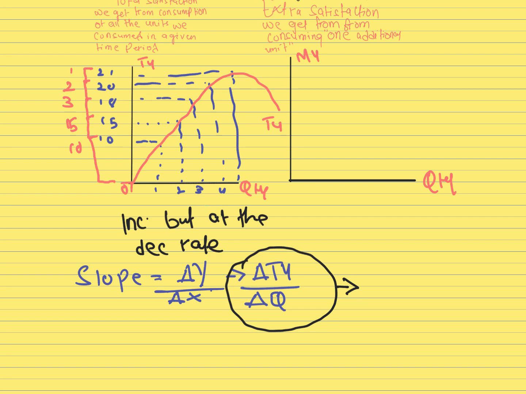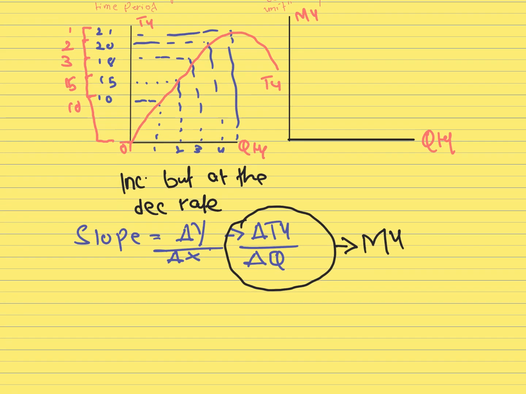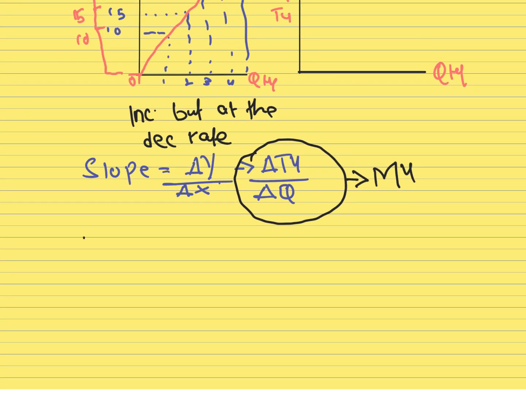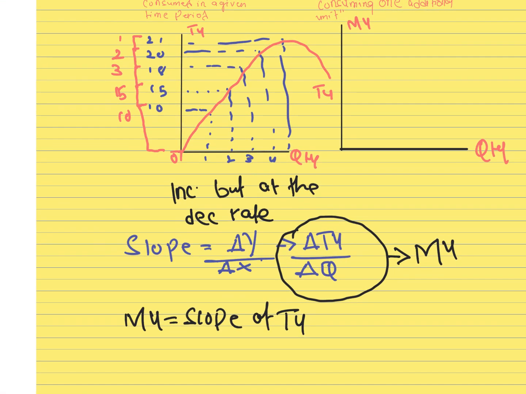So, can we say that the slope of the total utility curve is also our marginal utility? That is true. Marginal utility, MU, is the slope of total utility, and the values of the change in TU are written over here.